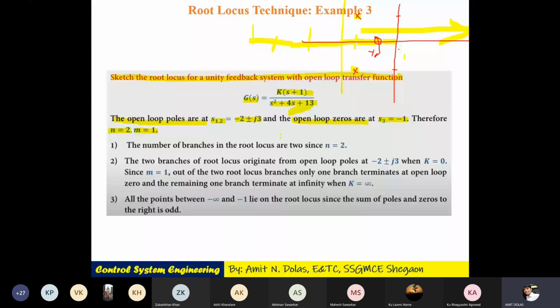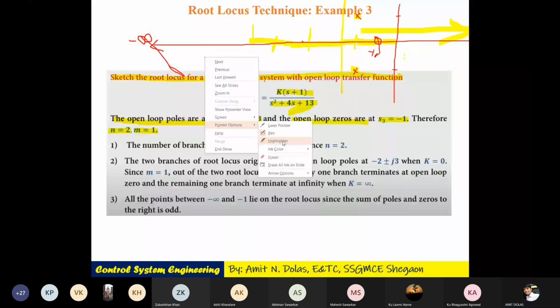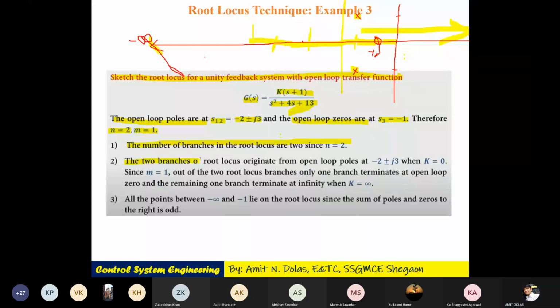The same is explained here. The number of branches in the root locus will be 2, equal to the number of poles, whichever is greater. The 2 branches of the root locus originate from the poles. Where do the branches originate? One from minus 2 plus j3, another from minus 2 minus j3. That location we call K equal to 0.